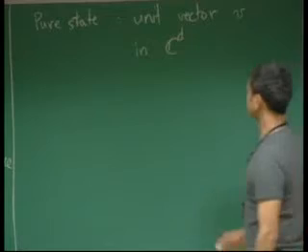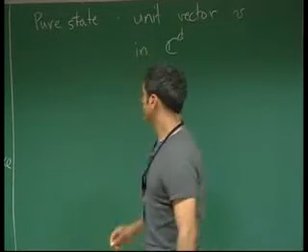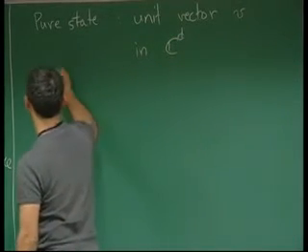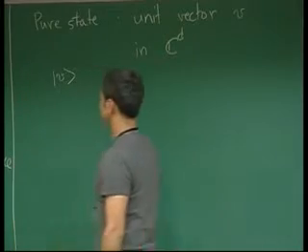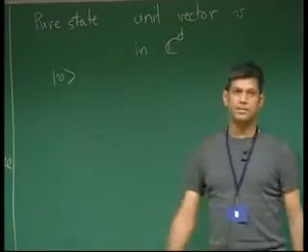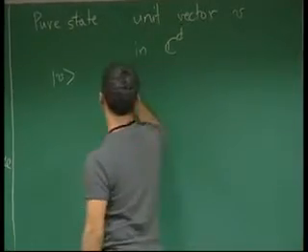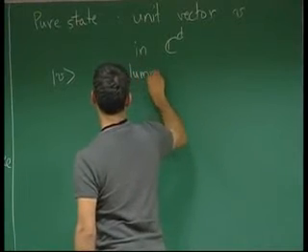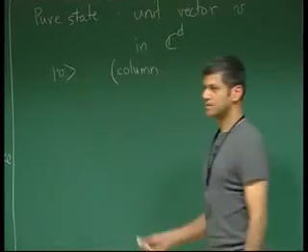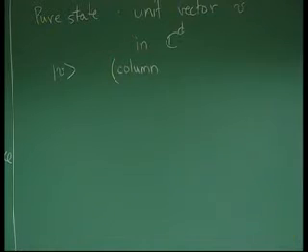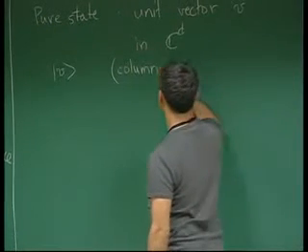And in physics notation, this is often written as ket v. Mathematically, we think of this as a column vector, just in case you wish to later do some calculations. It is useful to think of it this way.